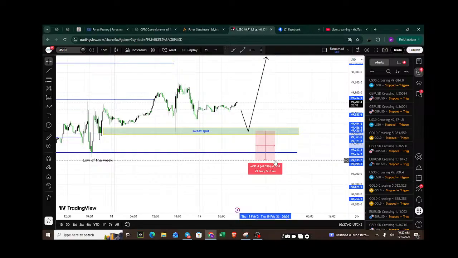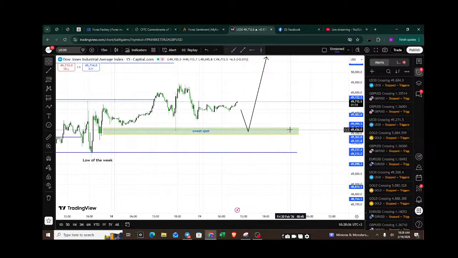I'm setting a buy limit at 49,426. And then I'm setting my stop loss at 49,100.